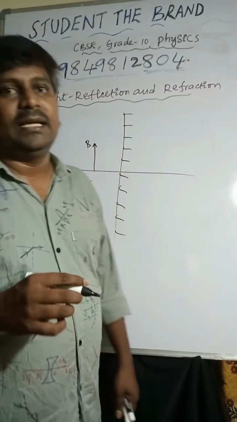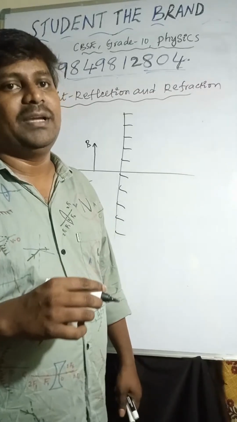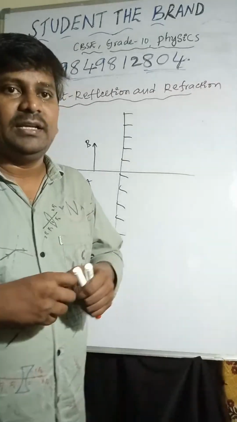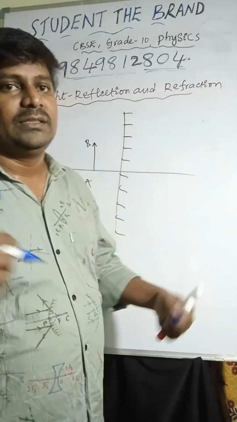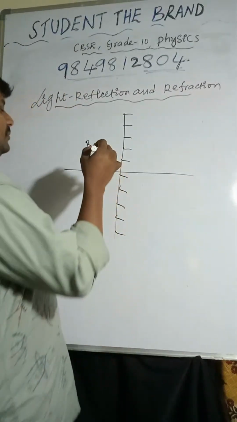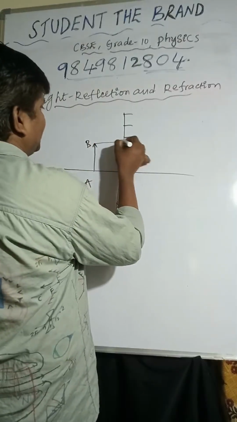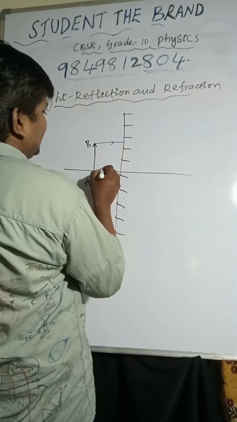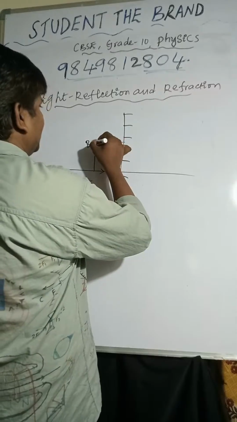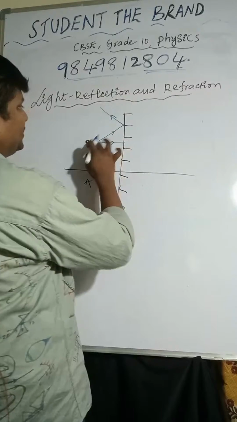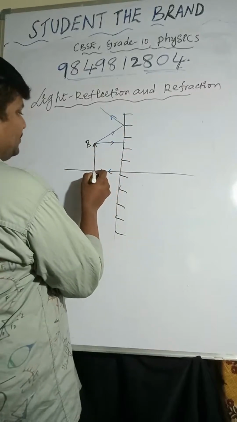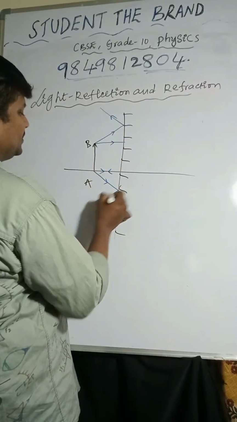As I said, for getting the image, we need two incident light rays. So I'm taking two light rays, one here, another like this, and one more here. From this point two light rays, and from this point two light rays.